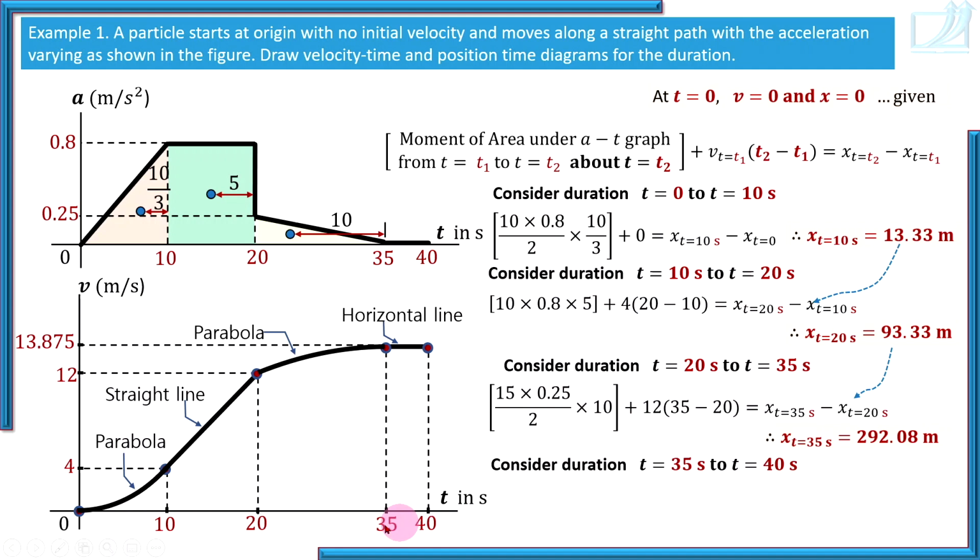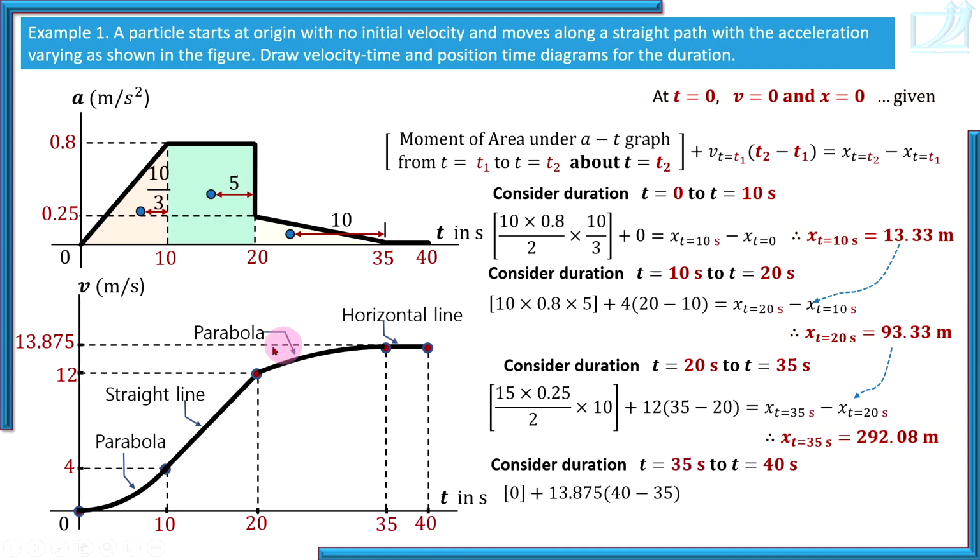And interval 35 to 40, from t equal to 35 seconds to t equal to 40 seconds. What is the moment of area? 0, because area is 0. From 35 to 40 seconds, there is no area under this curve. So area is 0, so moment of area is 0, plus initial velocity. Now in this interval, initial means at t equal to 35 seconds.